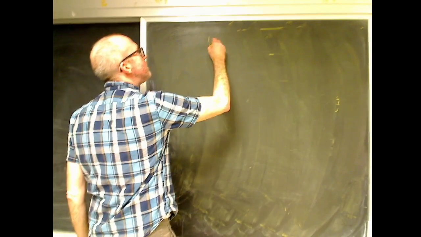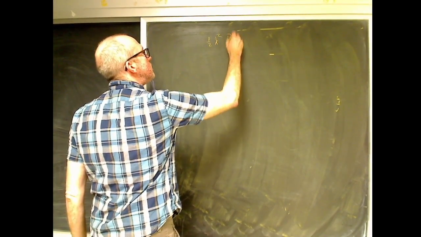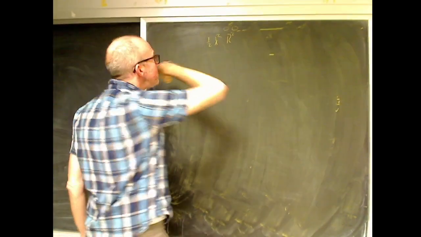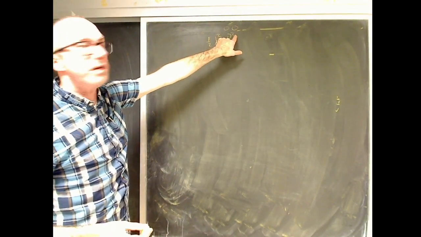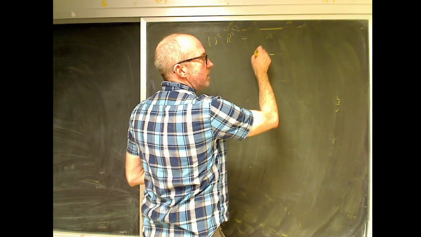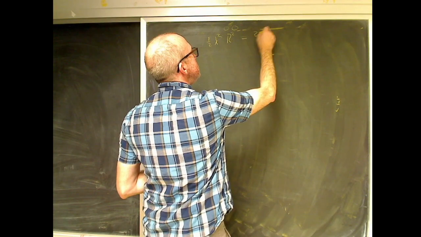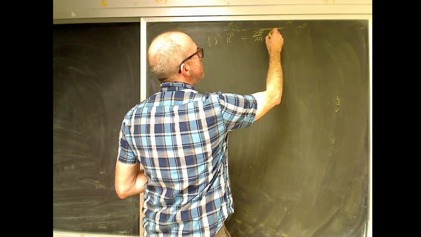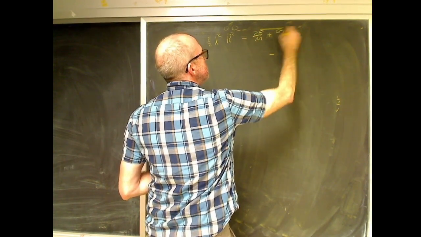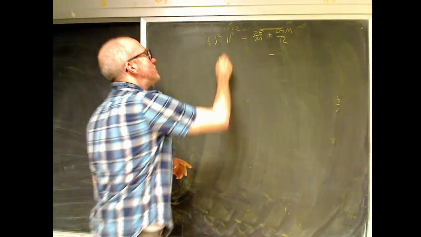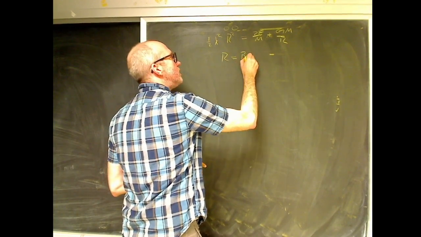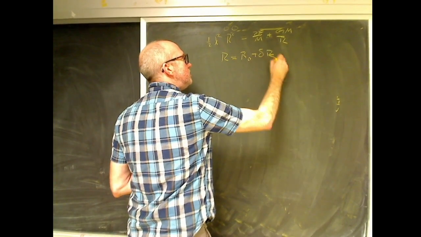Okay, so my equation that I don't know how to solve is 1/2 lambda squared r squared double dot, and I'm drawing them like Mickey Mouse ears to make sure that the double dot is outside of the square. The square is on the inside. Equals a number, 2e over m plus gm over r. So the first thing I'm going to do is plug in r equals r naught plus delta r.